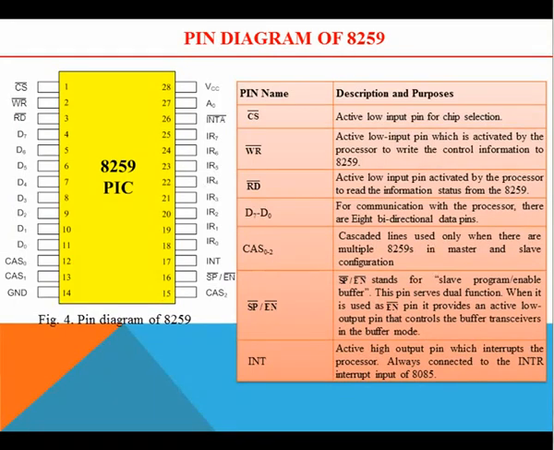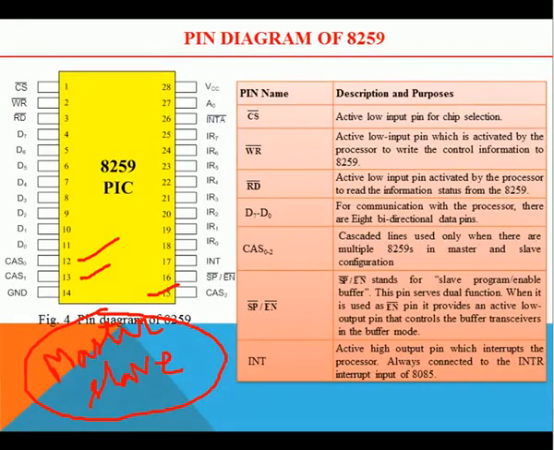Further, pins 12, 13 and 15 are cascade pins, which form a local 8259 bus to control multiple 8259s in a master-slave configuration.